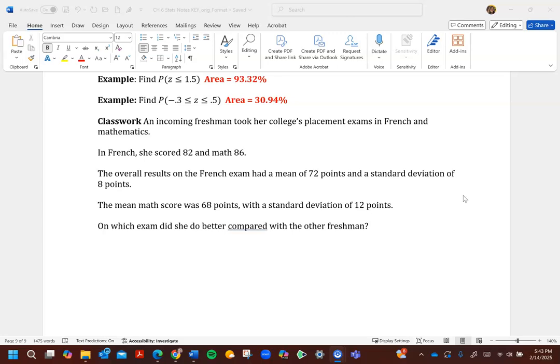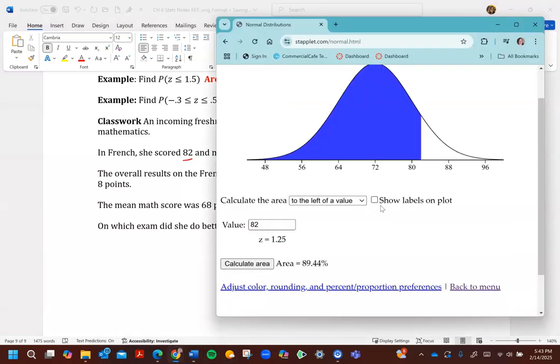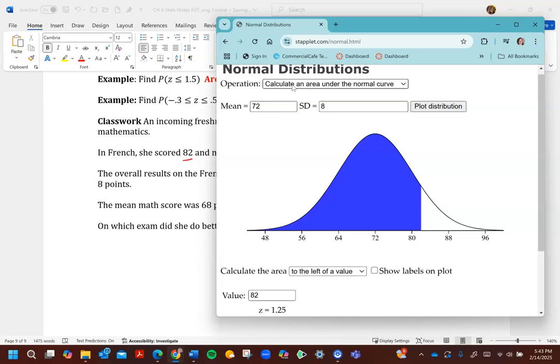Okay, so just a reminder, we would have the score of 82 for French, a mean of 72, and a standard deviation of 8. So we're going to want to make sure we hit calculate area under the normal curve. We're putting in the given mean and the given standard deviation.